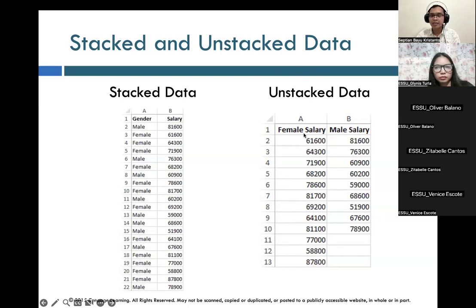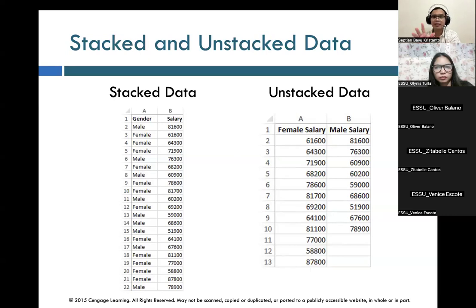For example, for the female salary we only have 13 data, but for the male salary we have 10 data. So the total should be 23, but this one is only 22, missing one, because the number one is not counted in this data. So this is the difference between stacked and unstacked data.